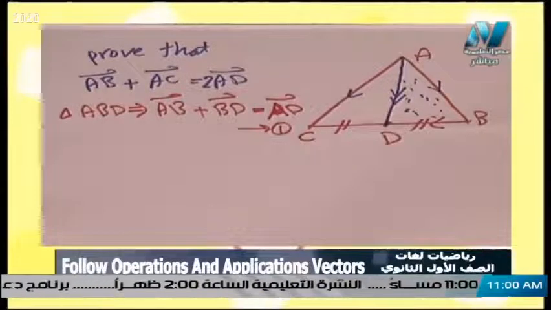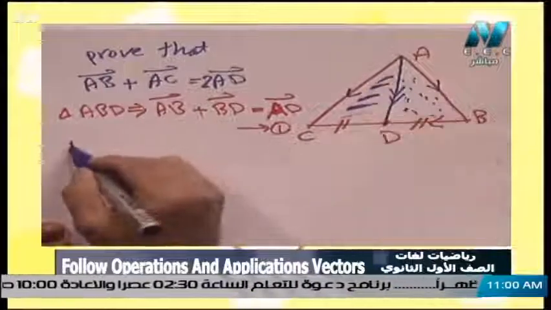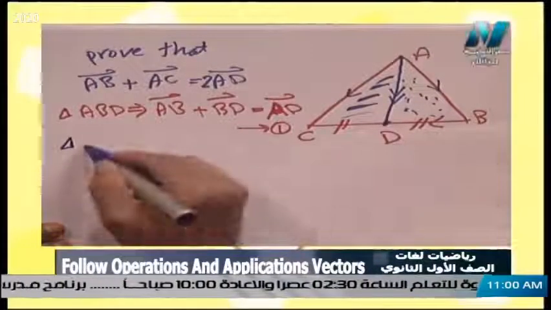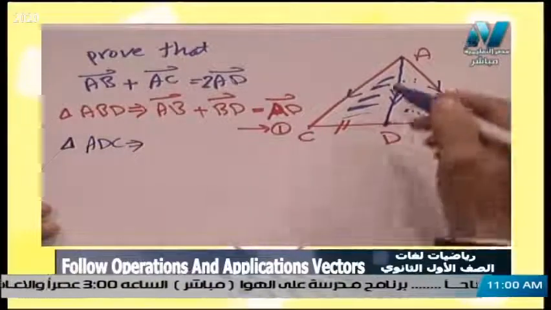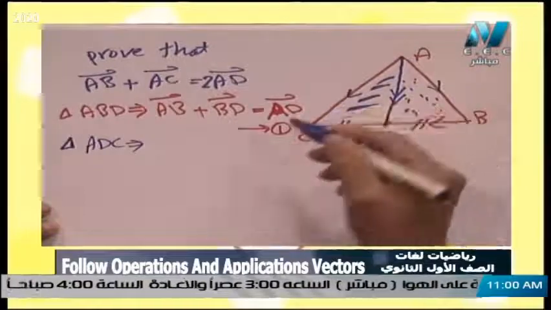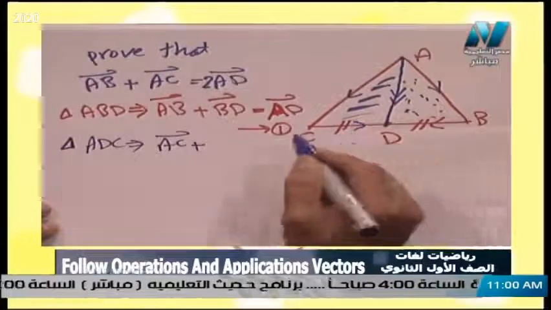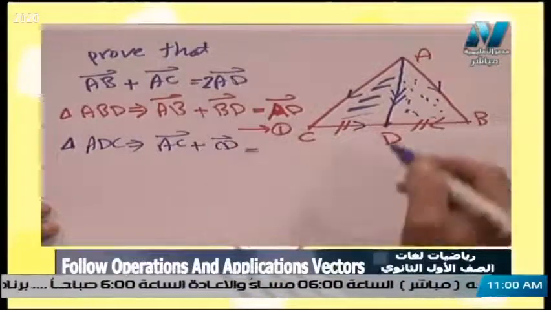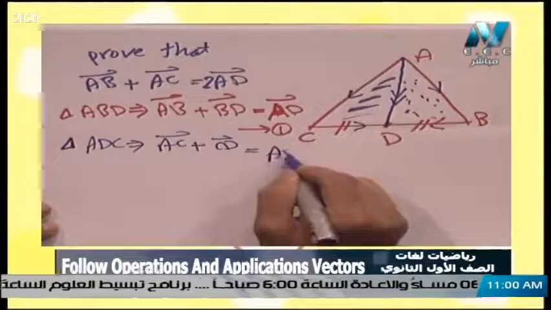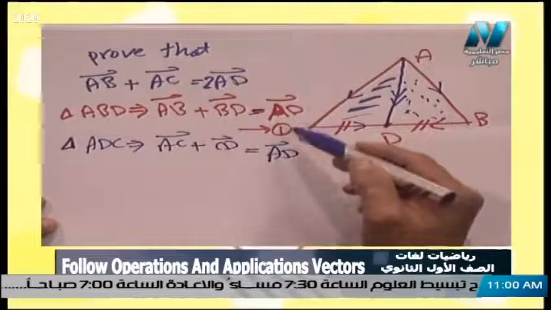We can use the other triangle here, ADC, and we will have the vector AC plus the vector CD, of course, equals the vector AD. Look at the right side.